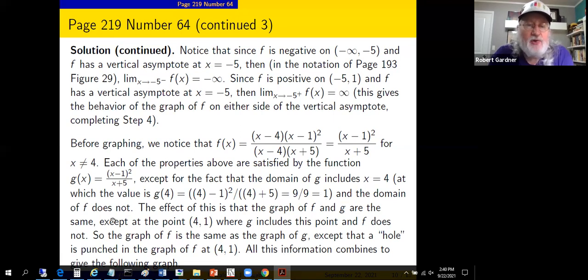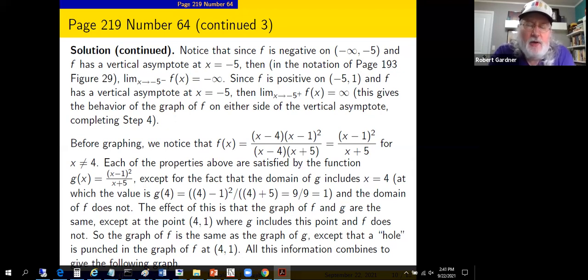But the f function can't pass through that point because it's not defined at 4. So this is the subtlety. But the two functions are the same except at x equals 4. Well, what that means is the function f must have a little hole punched in it at the point (4, 1). And so we get the following graph.